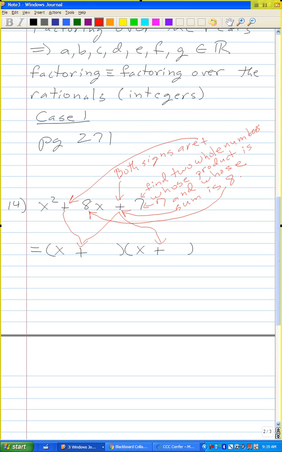Okay, and so I want to determine two whole numbers whose product is 7 and whose sum is 8. So 7 and 1. And that is your answer.